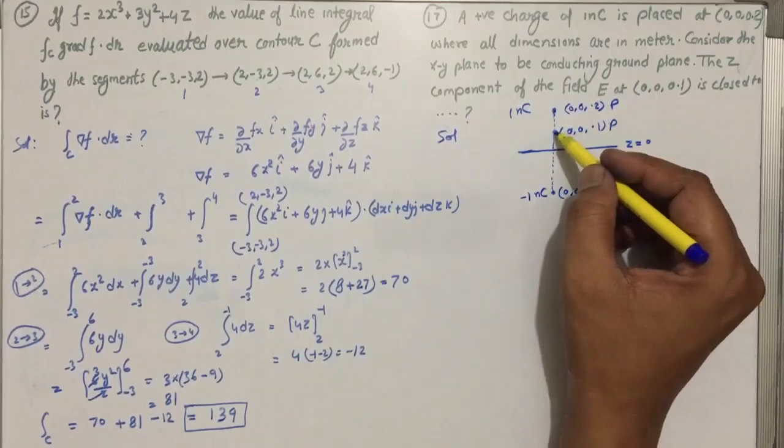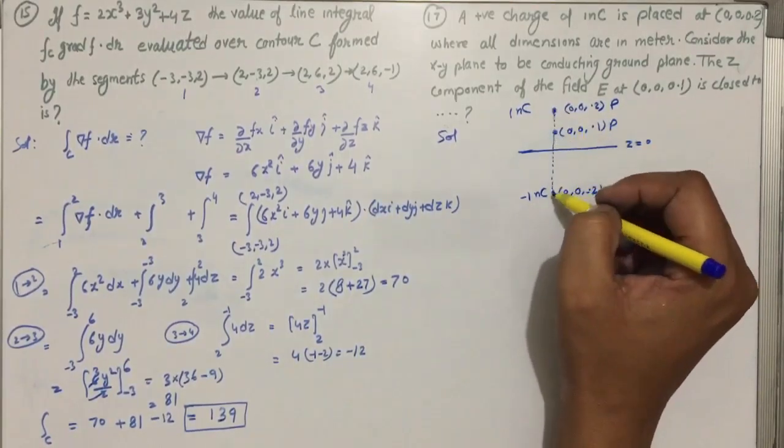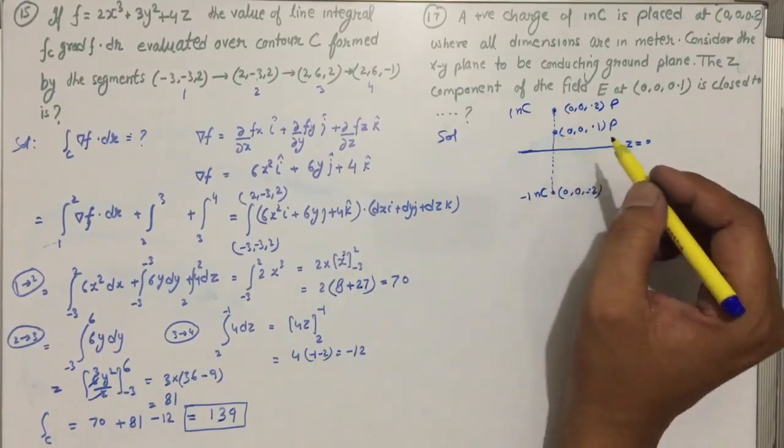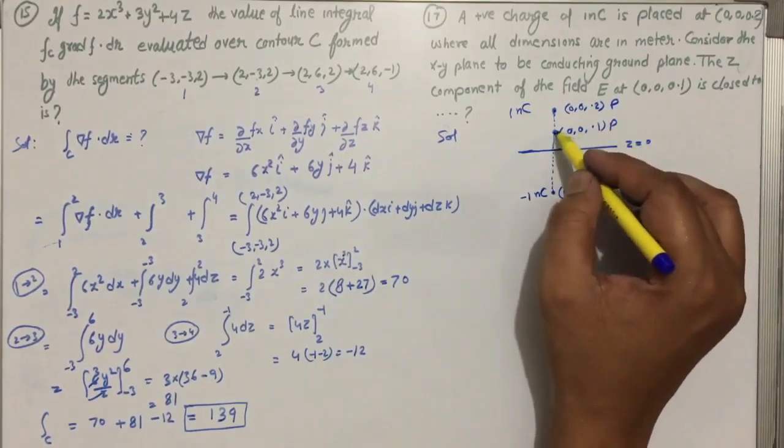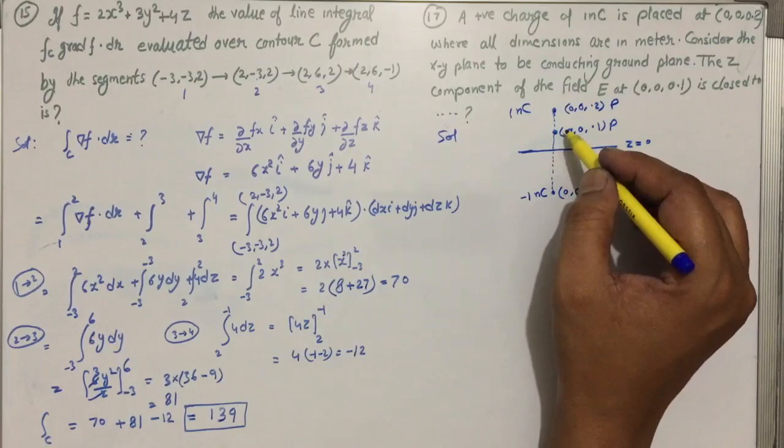So now we have to find the electric field at this point due to this charge and this charge. From both of them we find the electric field at this point, and the equivalent of these two will give us the net electric field.